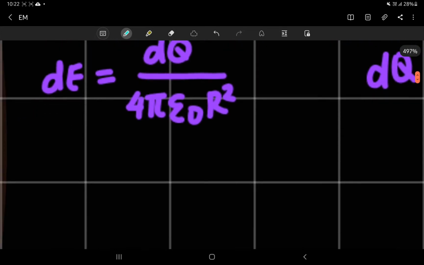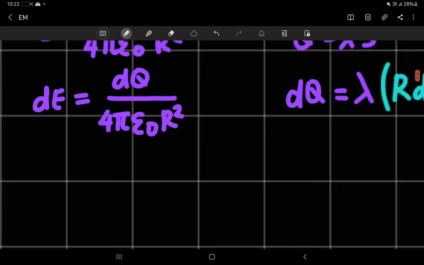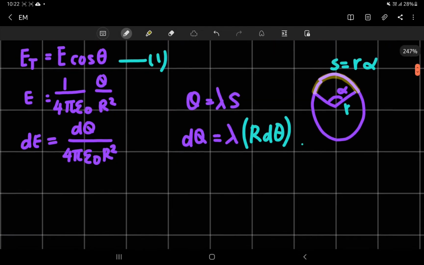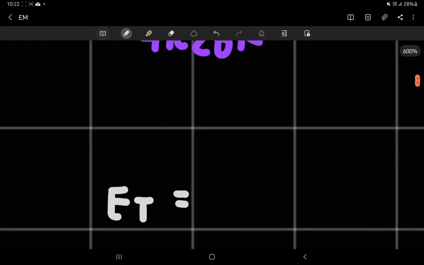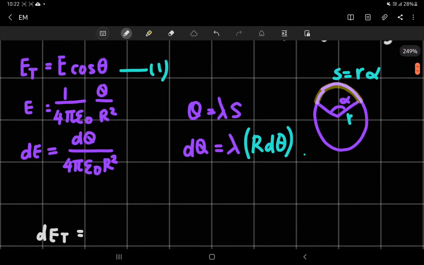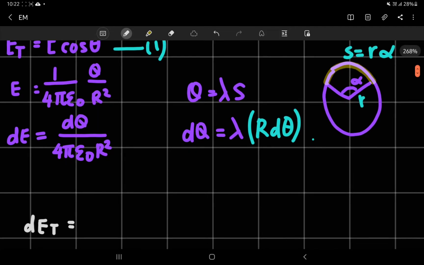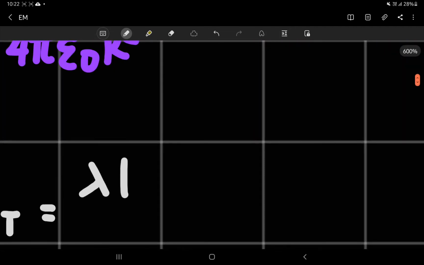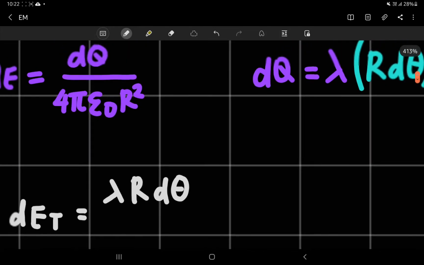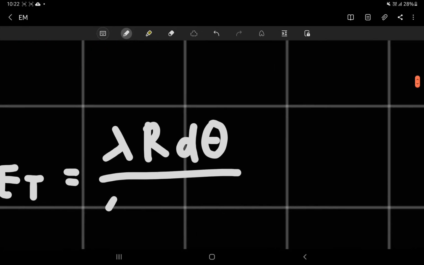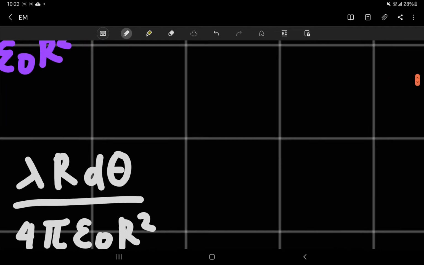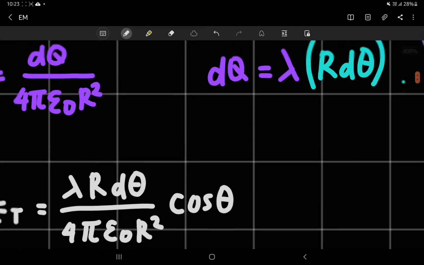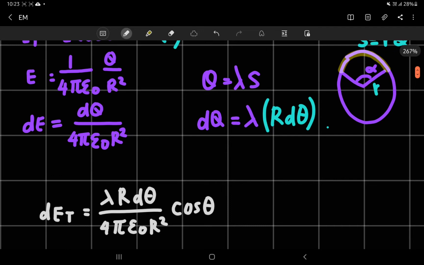So E total is E times cos theta. In differential form, dE total is dE cos theta, which is dQ, lambda r d theta, over 4 pi epsilon naught r squared, and don't forget the cos theta, which tells us we are only interested in the horizontal component.